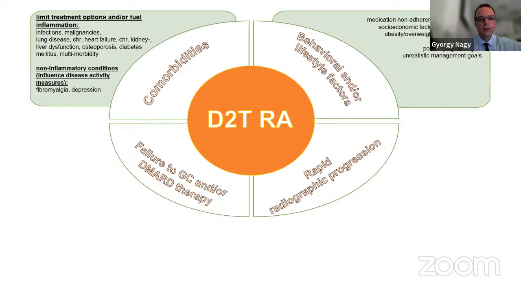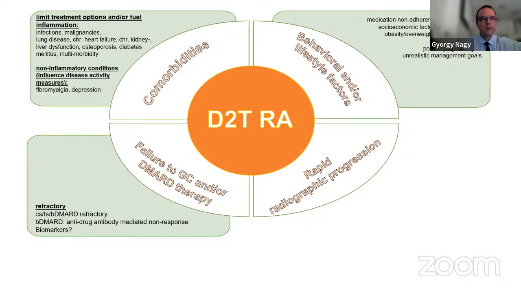You should also consider behavioral lifestyle factors. It is important to recognize if the patient has non-adherence or non-persistence to different medications. Socioeconomic factors, for example obesity, overweight, smoking, alcohol consumption, and so on, as well as the management goals and the patient coping strategies.